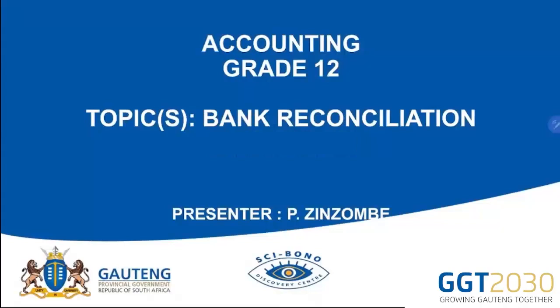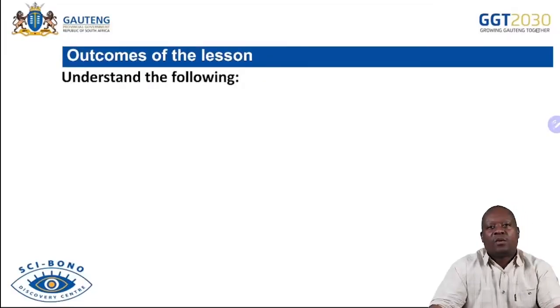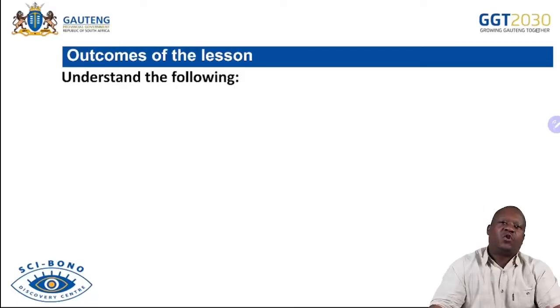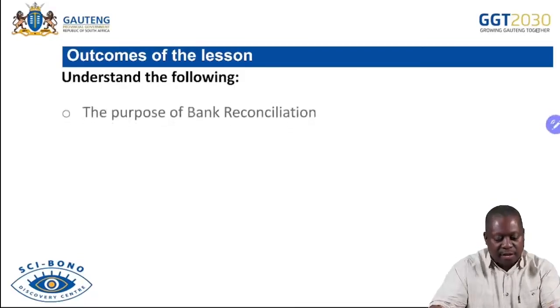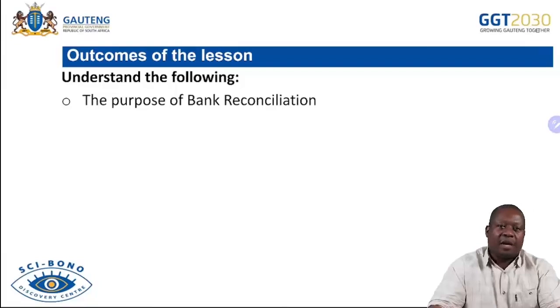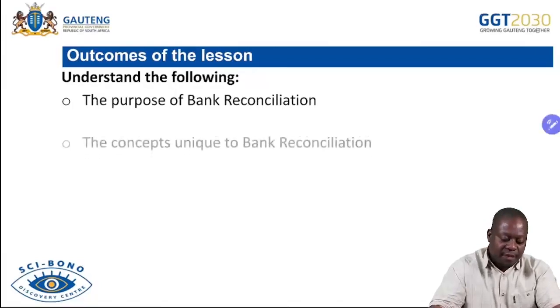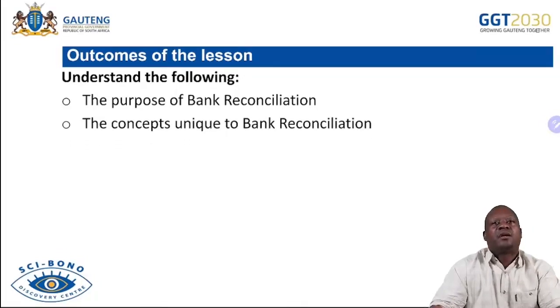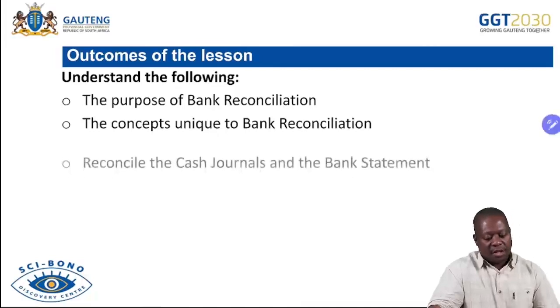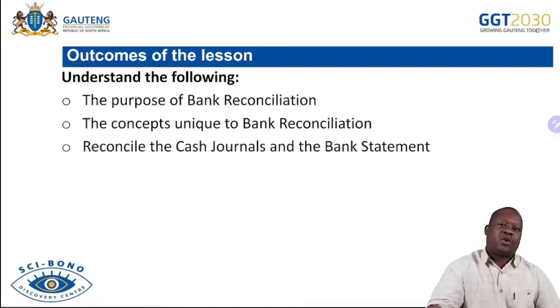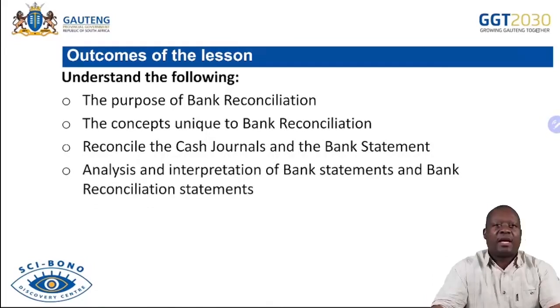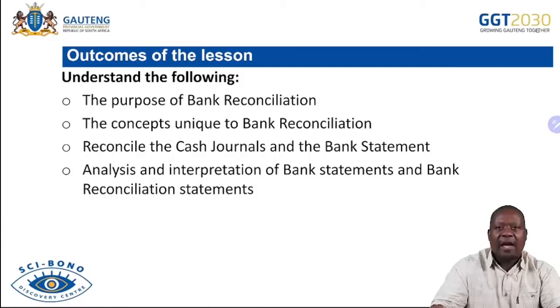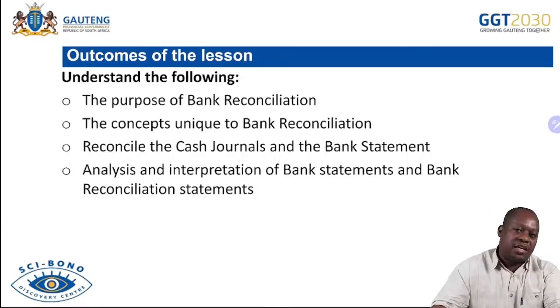Now, these are the objectives for the day. We hope by the end of this lesson, you should be able to understand the purpose of a bank reconciliation statement. And then the concept unique to bank reconciliations, you need to be able to reconcile the cash journals to the bank statement. And then we are going to bring in a little bit of analysis and interpretation of bank statements and bank reconciliation statements.